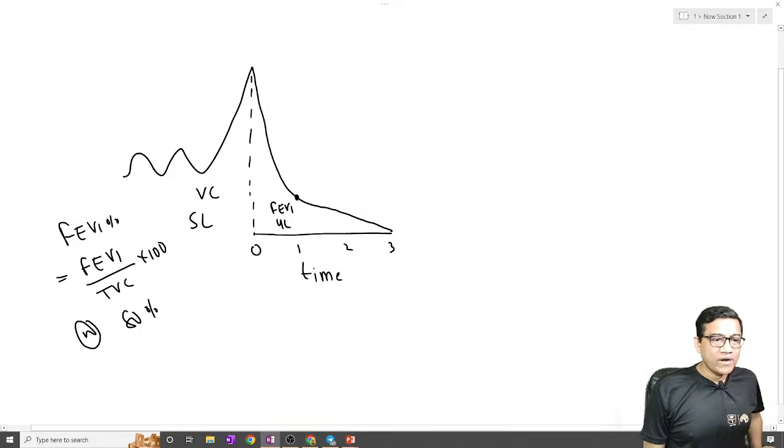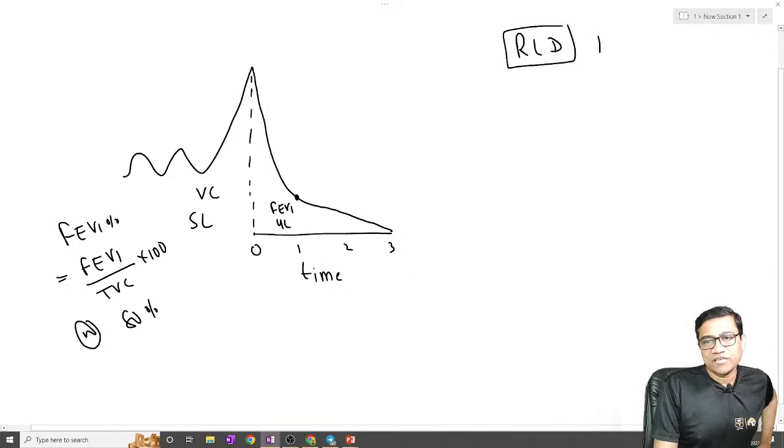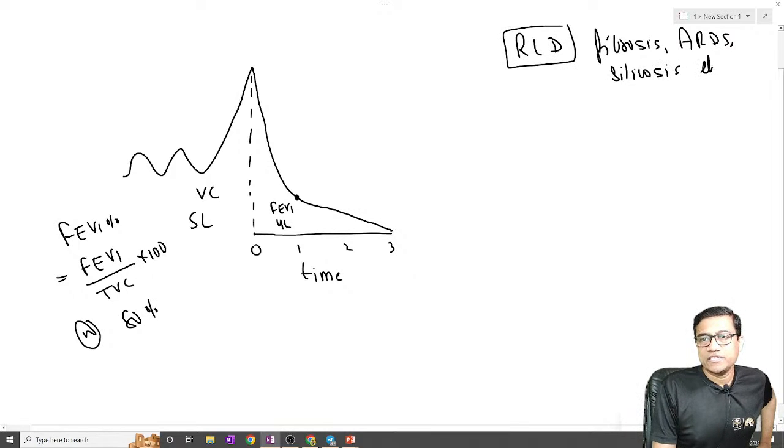Okay. Now what happens in RLD? In RLD, there is restrictive lung disease like fibrosis, ARDS, silicosis, asbestosis. So in all the RLDs, what happens?